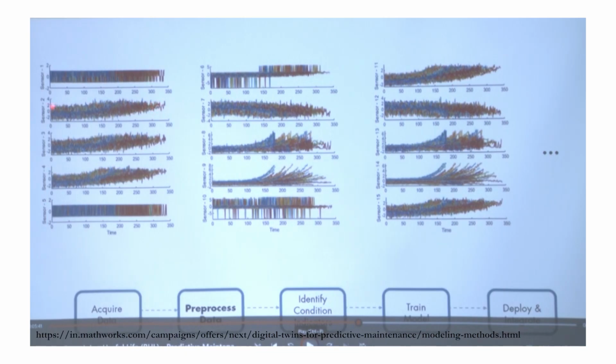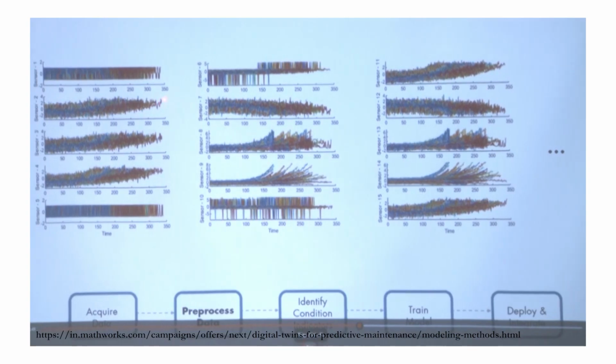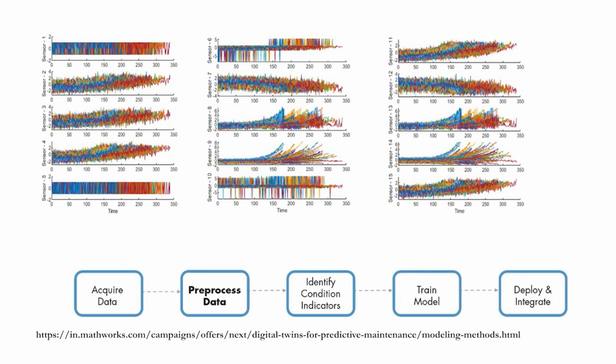If you draw a mean through these data points, it goes up like that, and when it reaches here, that is when the system fails. Likewise you can see that for this one, but you can't get any trend from this one, the values remain almost the same. So, not all of the sensor data is helping you do the prediction of the failure. Only some of the sensors are critical. So, this pre-process data step is quite crucial.